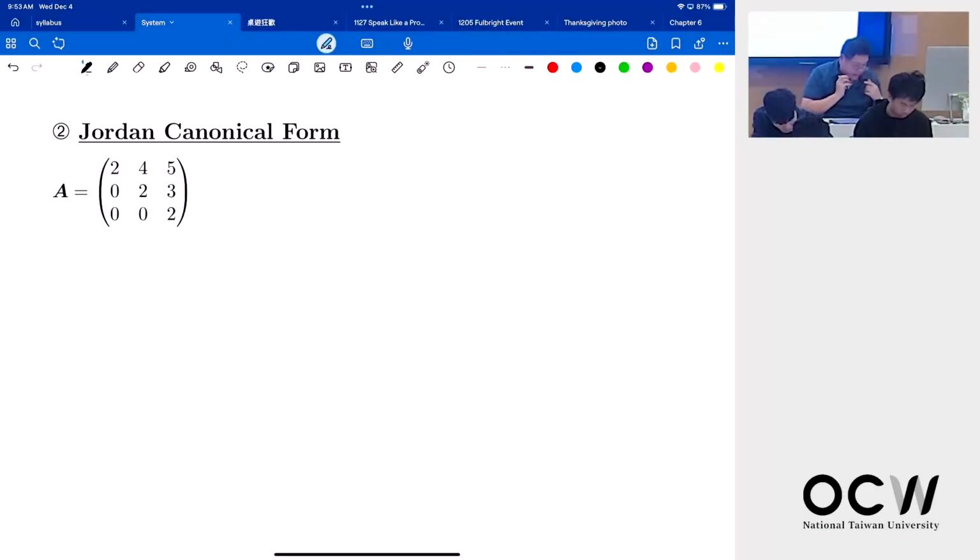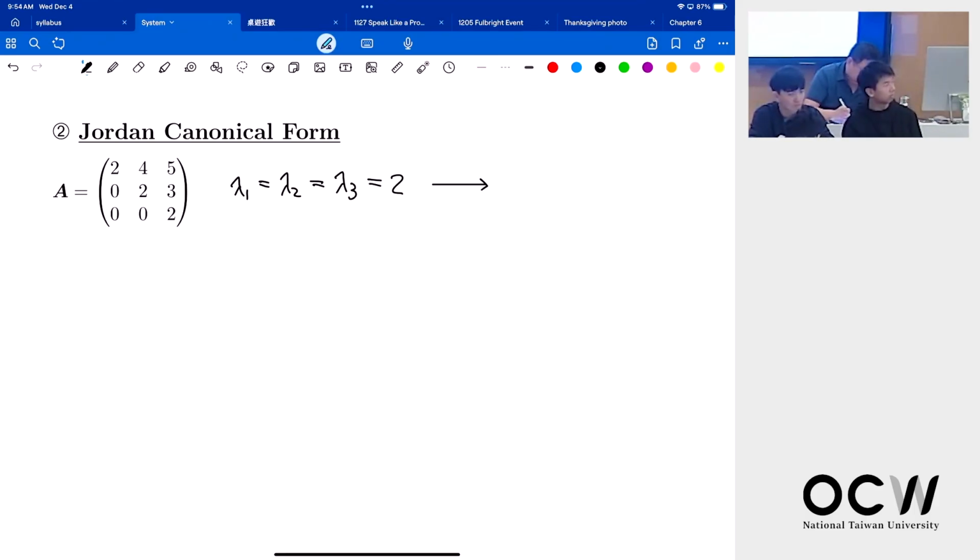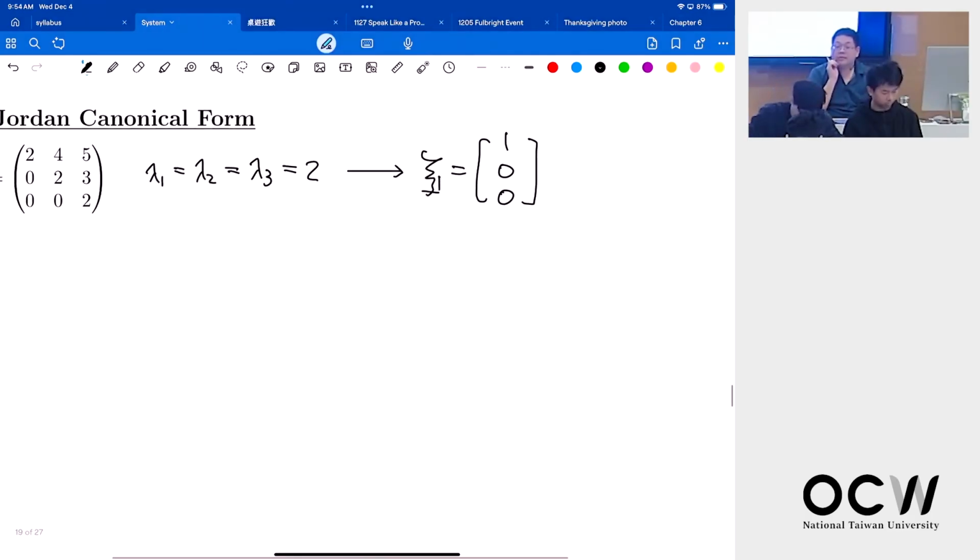So now I have my eigenvalues lambda 1 equals lambda 2 equals lambda 3, that is 2. And for these three eigenvalues, I can only find one eigenvector, that is 1, 0, 0. And that's it. I cannot find the other two.